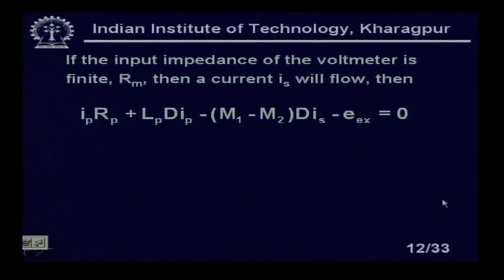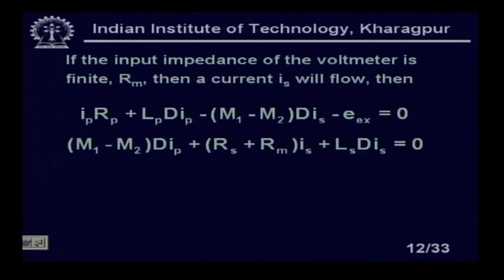In that situation my equation, if I look at the digital board, is Ip Rp plus Lp dIp minus (M1 minus M2) dIs equal to minus e to the power x, with x equal to 0. This can be written as (M1 minus M2) dIp plus (Rs plus Rm) Is plus Ls dIs equal to 0.